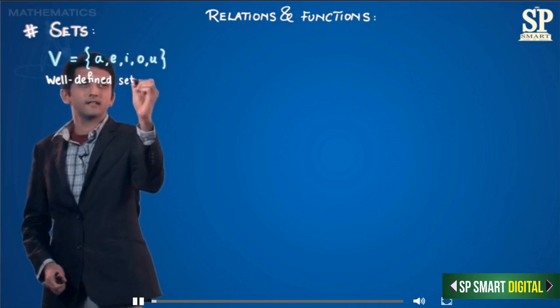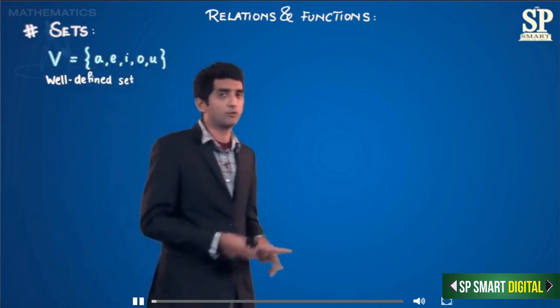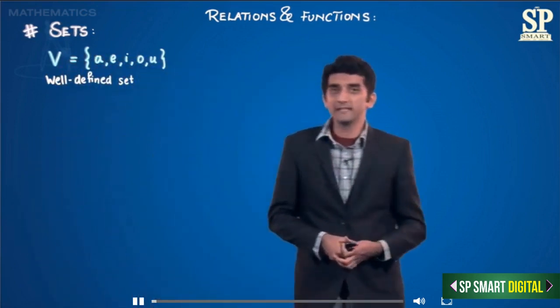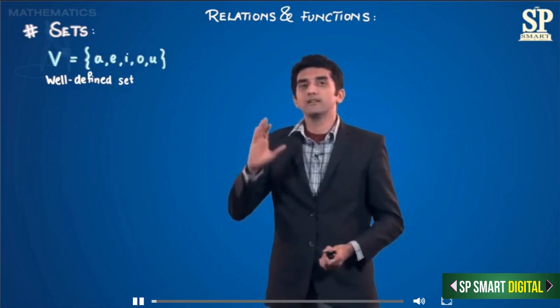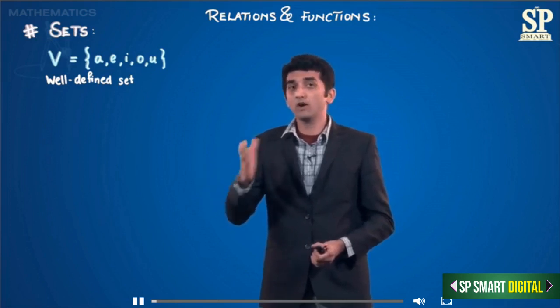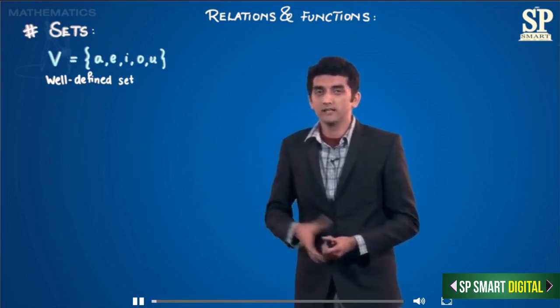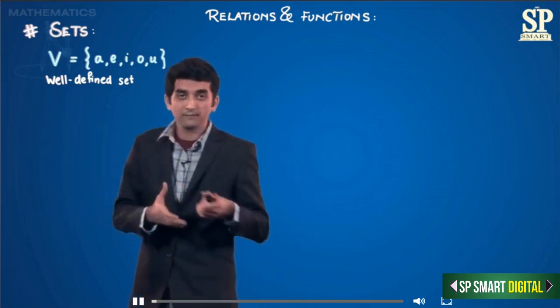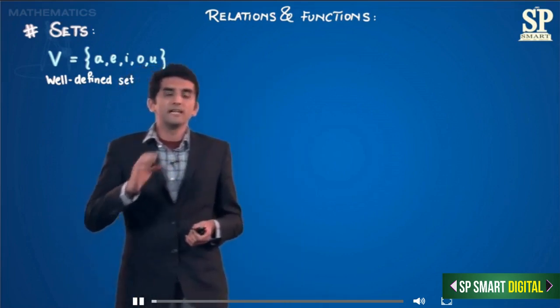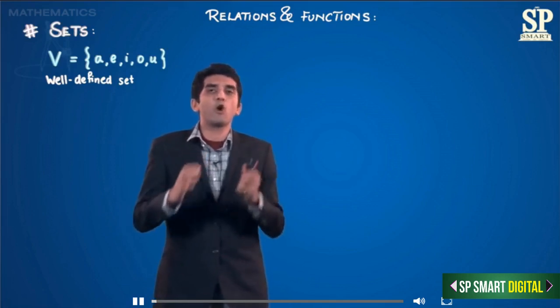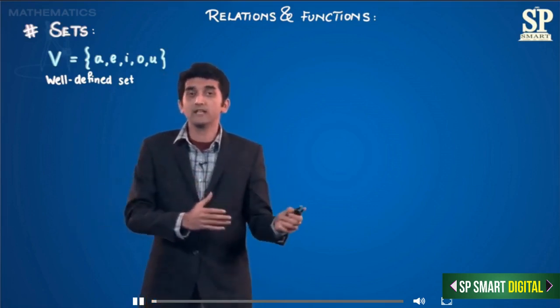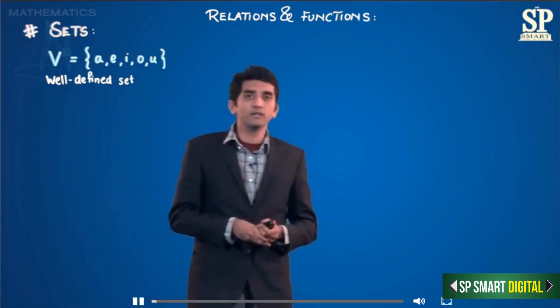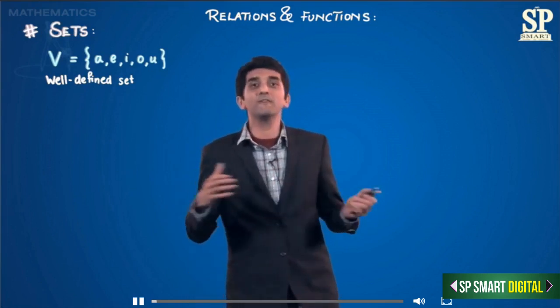Like this, there are many well-defined sets. For example, another well-defined set would be the list of odd natural numbers less than 10. Then we have 1, 3, 5, 7 and 9 as the 5 elements. On the other hand, if I say list of odd natural numbers without any other condition, then you would realize that this is an infinite set.